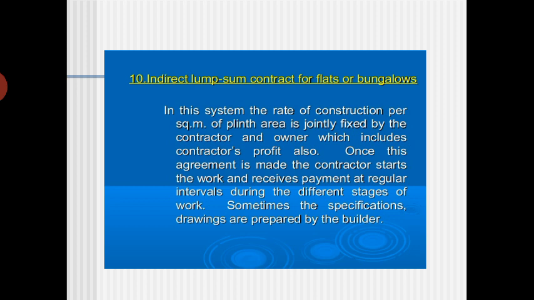Everything will be written in the document, saying this much will be released after completion of this work. So once the agreement is met, the contractor starts the work and receives the payment at regular intervals at different stages of work.